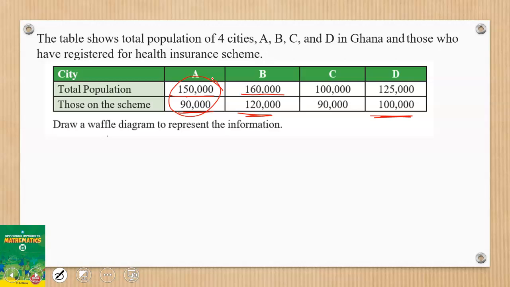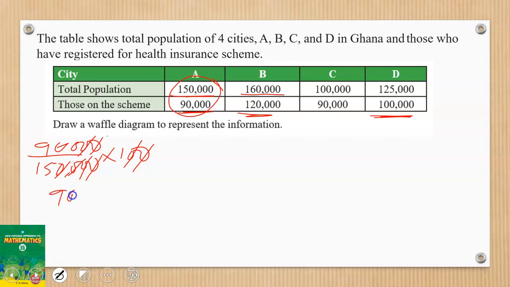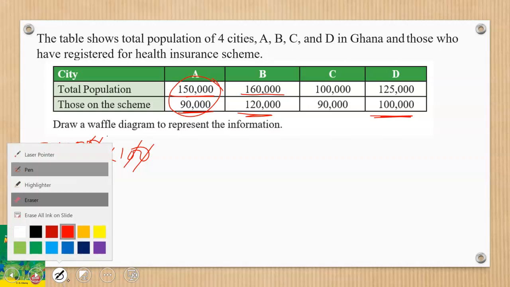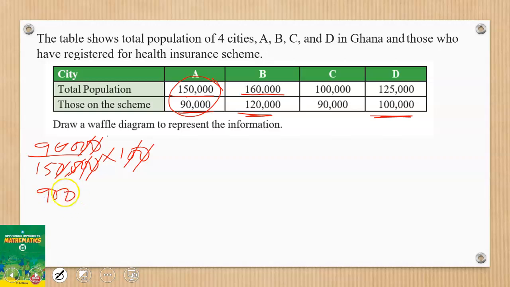To find the percentage of city A, we take 90,000 divided by 150,000 and multiply the whole thing by 100. With simple cancellation, two of the zeros here can cancel these two zeros. So we have 900 divided by 15, and that will give us 60%.